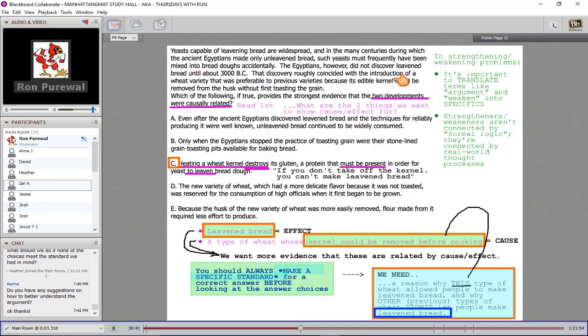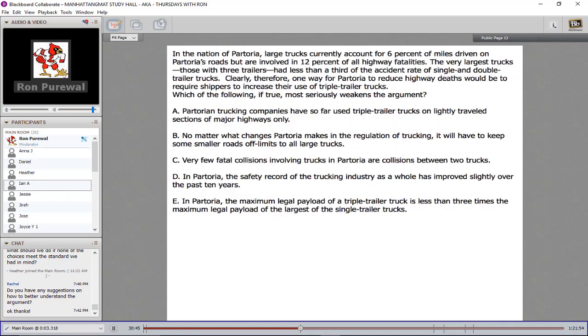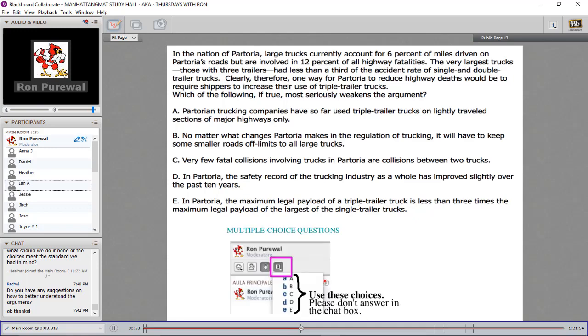Okay, let's move on. Try this one. Don't forget where the multiple choice answers are found. Please do not answer in the chat.